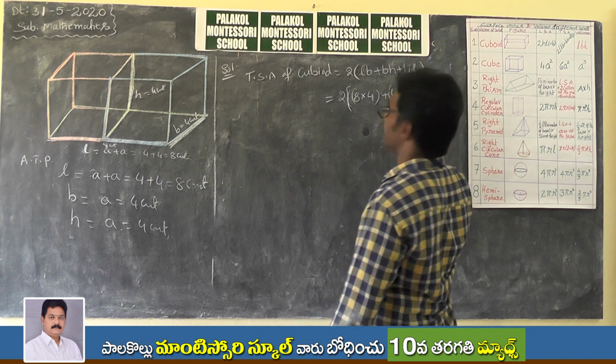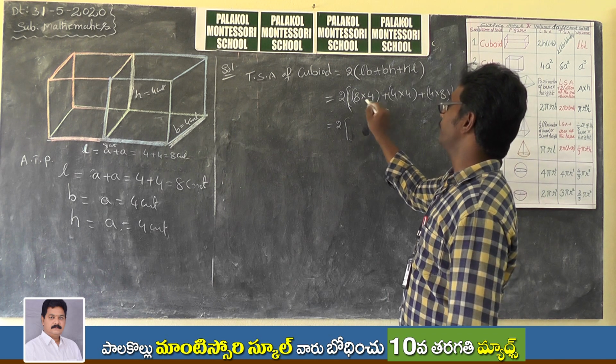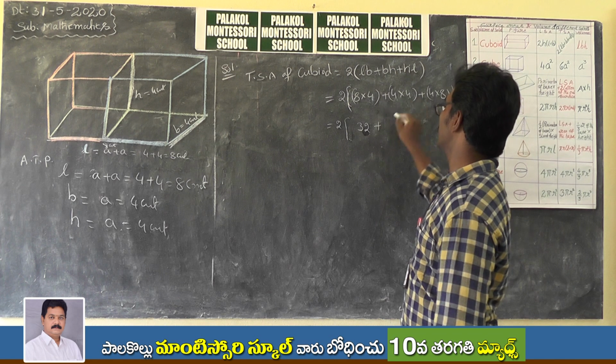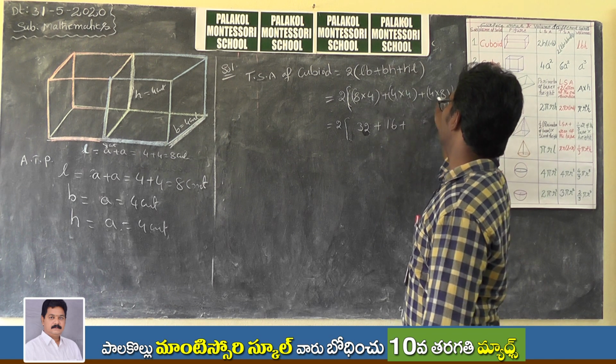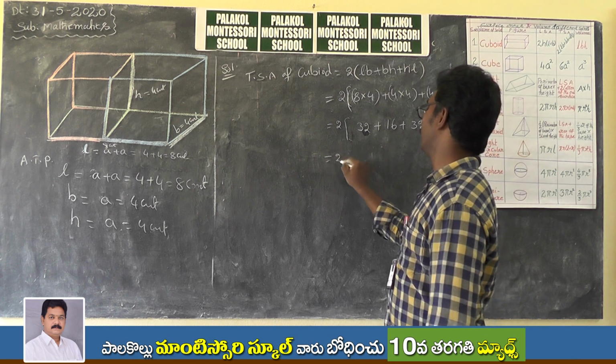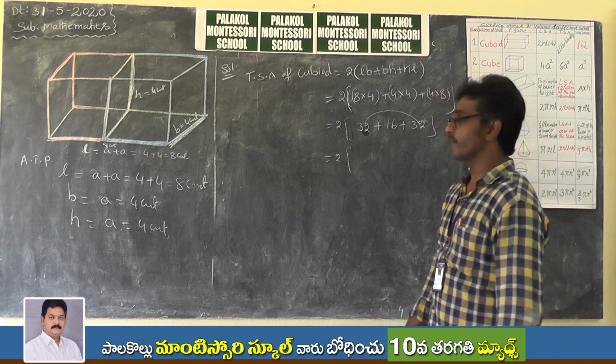So 8 4s are 32, plus 4 4s are 16, again 8 4s are 32. So 2 into, guys, 32 plus 32, 64.